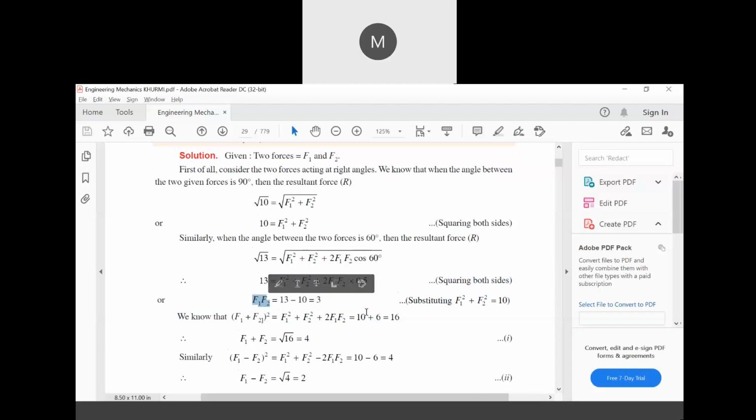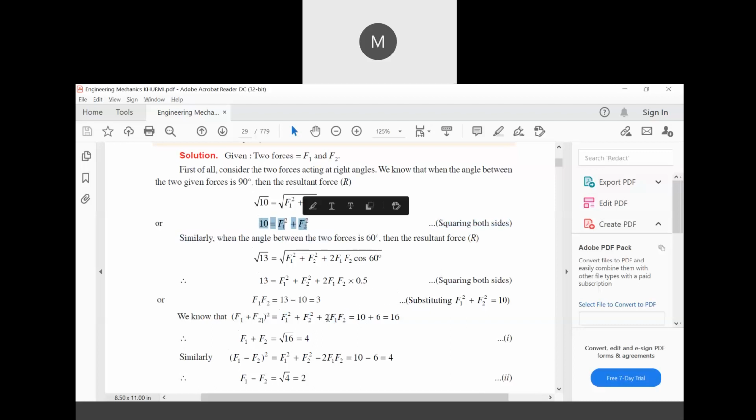Now, if you see here, F1 plus F2 whole square equals F1 square plus F2 square plus 2 F1 F2. This is the A plus B whole square form. F1 square plus F2 square is 10, right?